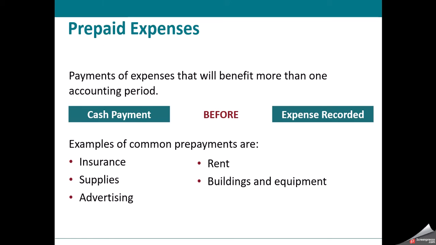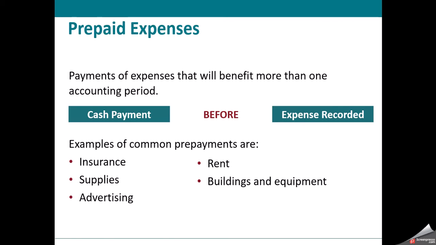And then buildings and equipment, those aren't prepaids like what I've explained before, but those are assets that are used up over time. What we call that is depreciation. So if we have a piece of equipment, like a car, we estimate the life of that car is 5 years or 7 years. Well, every year we use it, it goes down in value.